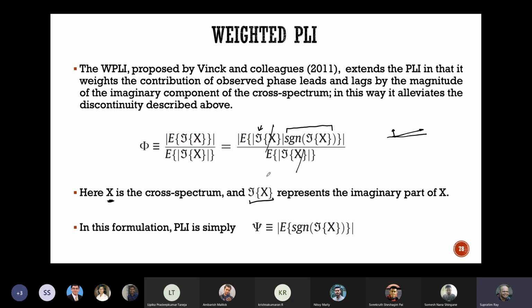So it is a nice way to alleviate the discontinuity, because the vectors that are very close to zero have a small imaginary component, so their contribution is less.